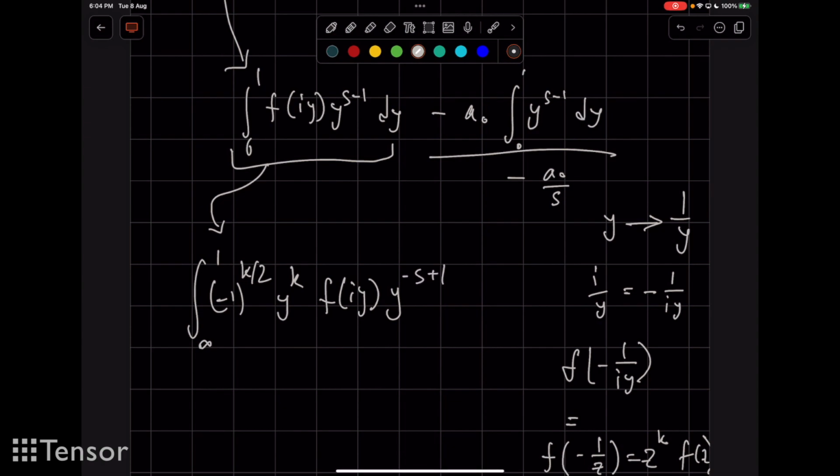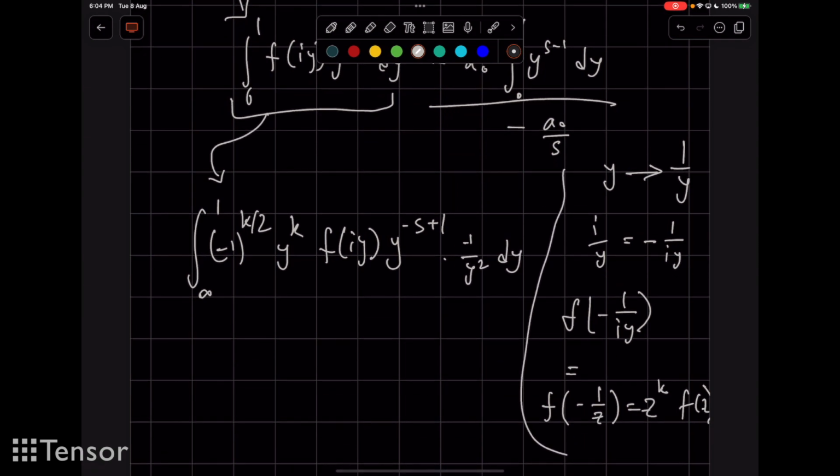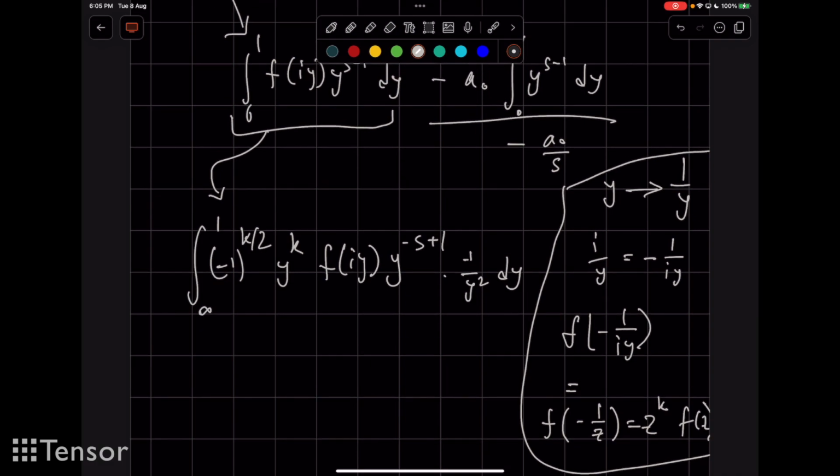And for this change of variables, we have a factor of negative 1 over y squared, because we did this change of variables y to negative 1 over y.